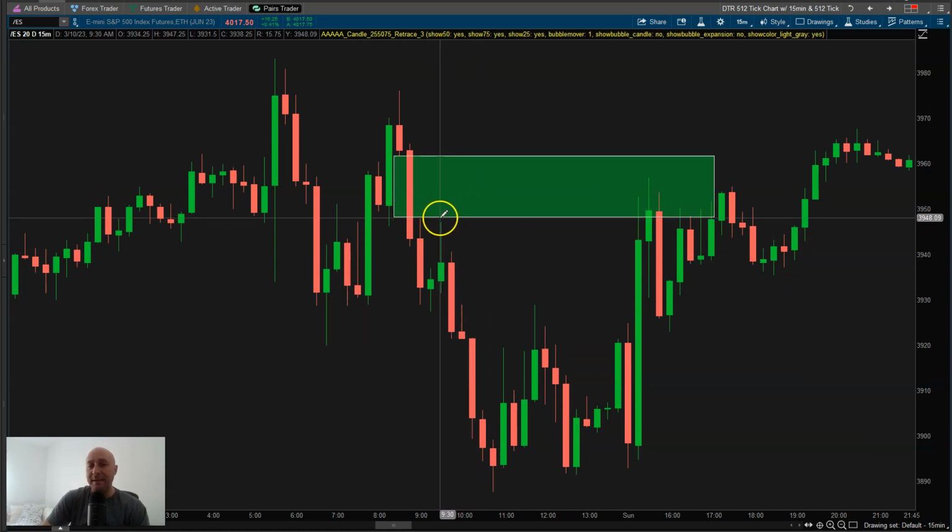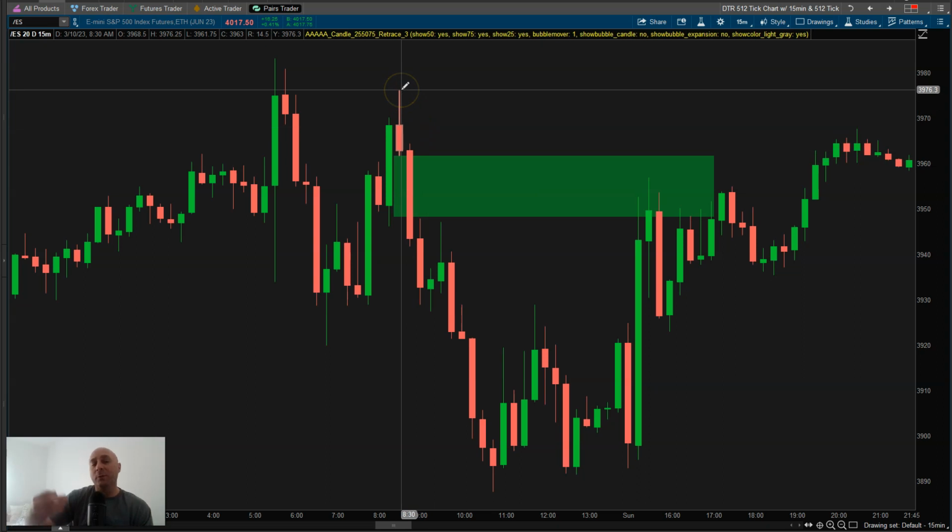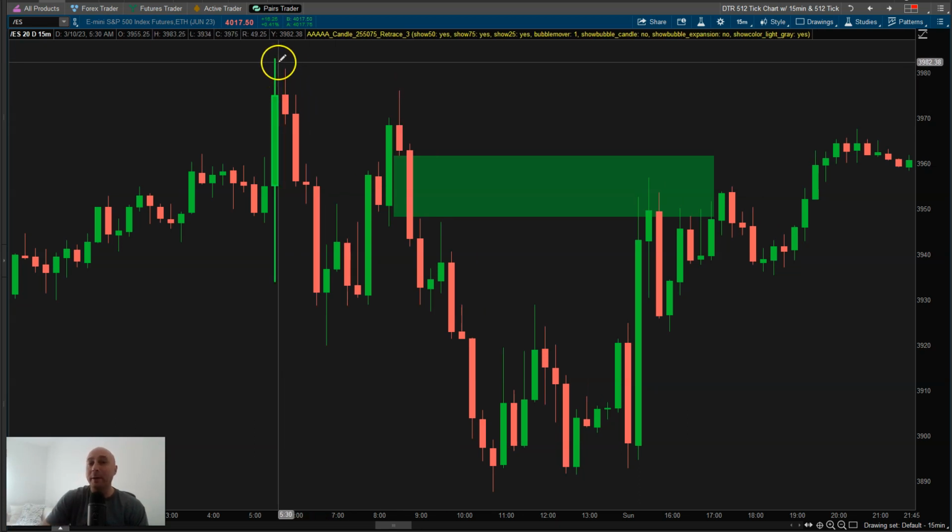You could have taken a short somewhere around here and put a stop in one of 2 places. Some people like to do it above the second candle, some like above the first candle, because what the first candle usually represents is a swing high, right? Or a swing low.